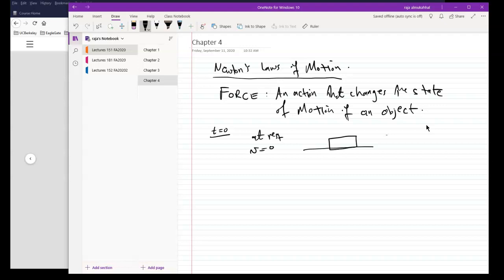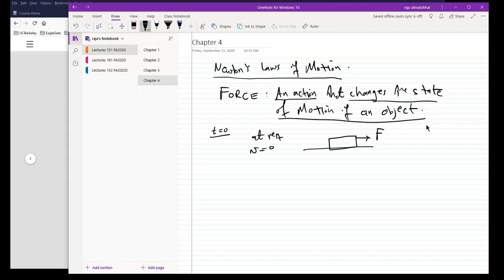So when I pull it this way with a force, we're going to call it F, I have changed the state of motion of the object. So I have changed it from the state of rest to the state of motion. So what does the force do? The force is an action, going back to the statement, that changes the state of motion of the object. Now you understand it, I hope. You see what I'm saying?